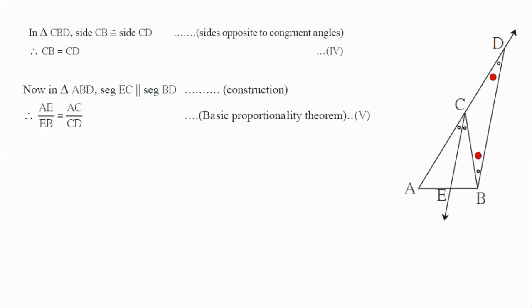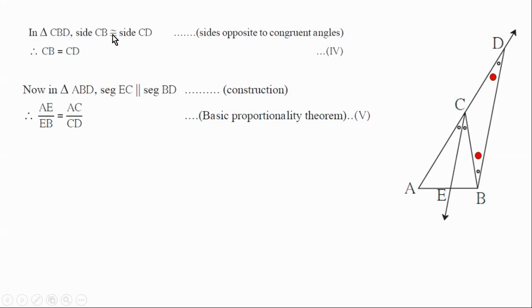Now proceed to the basic proportionality theorem. As we know, EC is parallel to segment BD. Consider the triangle ABD. So we can say that their corresponding sides are in ratio, so AE upon EB is equal to AC upon CD.